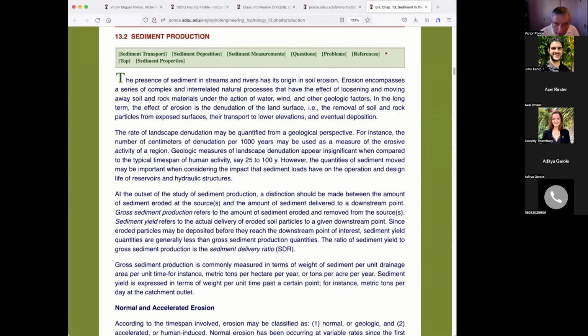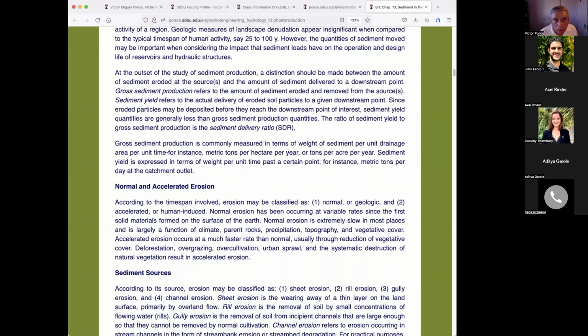Okay. So you should make a distinction between the amount of sediment eroded and the amount of sediment deposited. It is not the same to confuse sediment production at the source with sediment yield at the downstream point.